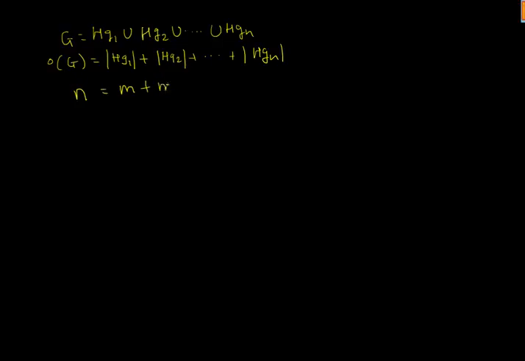So m plus m plus m, how many times? n times. Therefore, we can write n is equal to m times n. After cancellation of n, I will get m is equal to what? 1.